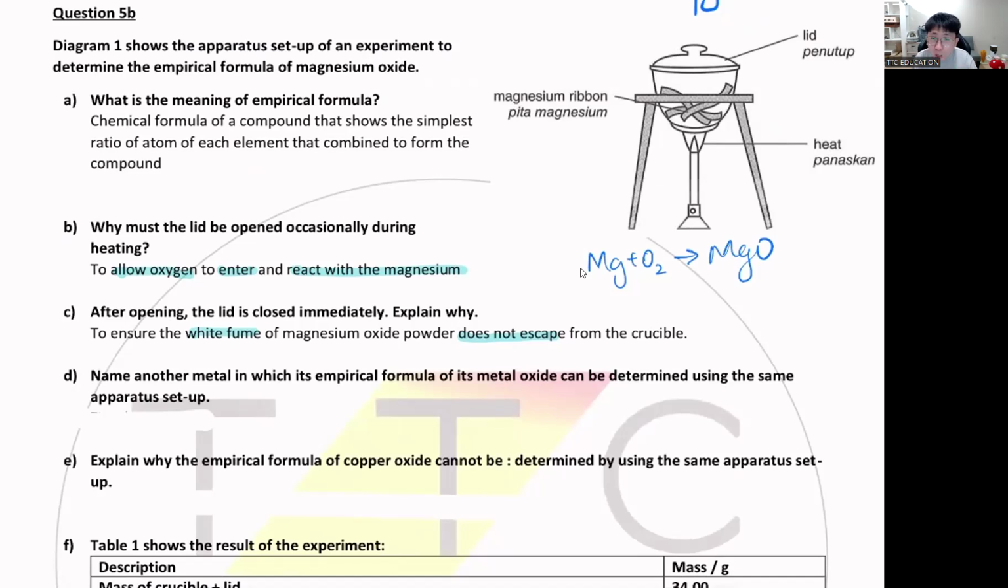You'll be waiting a few hours before it becomes CuO. So this method is not suitable for Cu because copper is a low reactivity metal. So they ask which metal can use the same setup. I'm going to look for metals with almost the same reactivity. We can go with aluminium, lead, or calcium. These are fine. But potassium and sodium cannot.